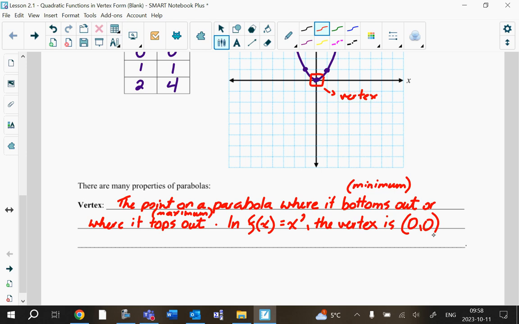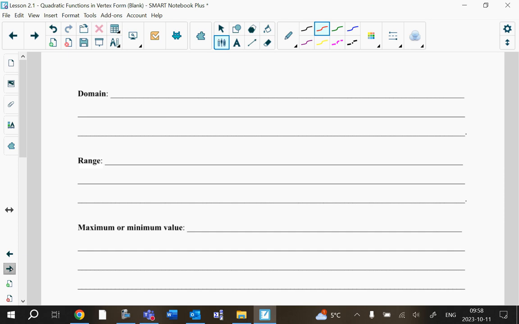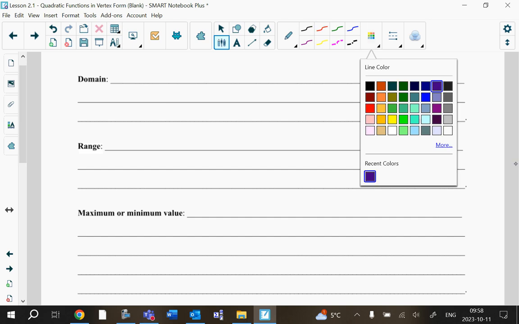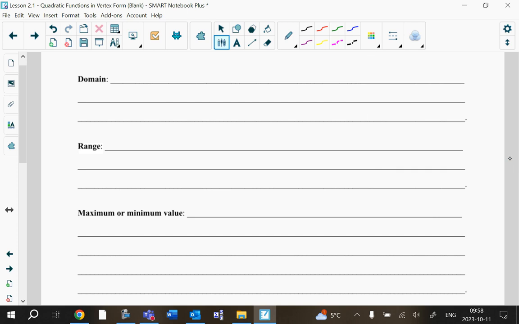The next two words you should be familiar with, although you may not quite remember what they are. Lines have domain and ranges. Domains and ranges. So do parabolas. What's the domain? All the x values of the parabola.